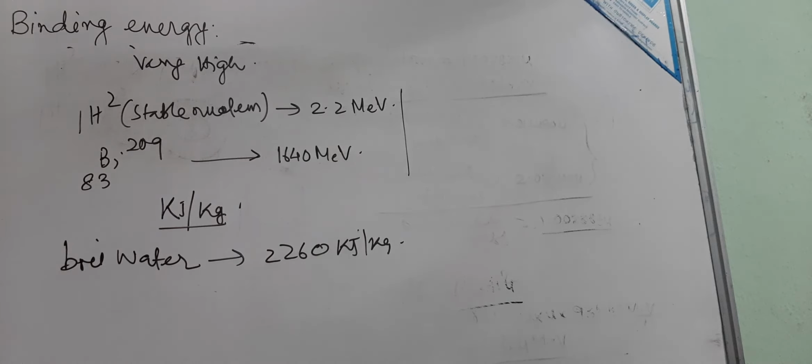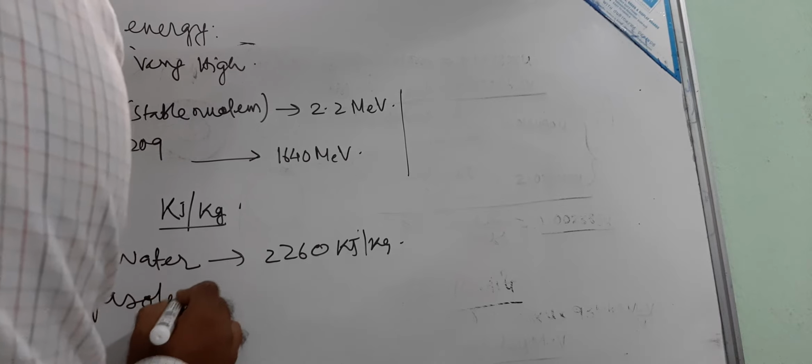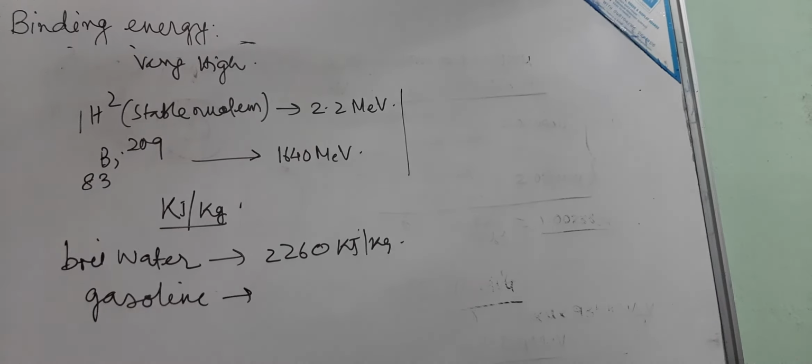Similarly, if you burn gasoline, the heat given out is 4.7 into 10 to the power 4 kilojoule per kg.